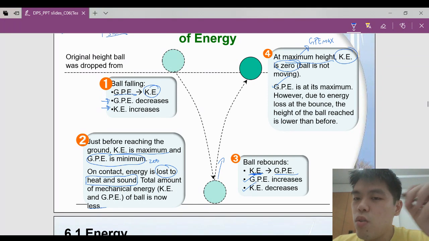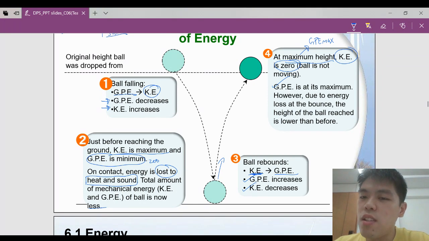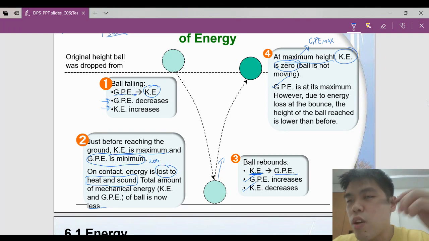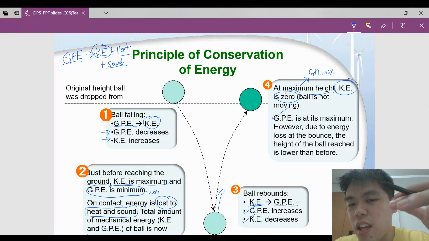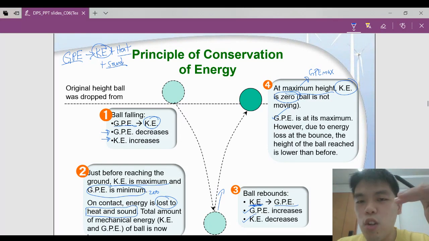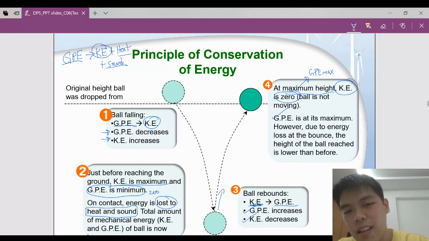Okay. So at its maximum, due to the energy loss at the bounce, the height the ball reaches is lower than before. It's trying to say that previously there was energy being lost due to heat and sound when it hit the ground, so the system lost energy. When it lost energy, it can only go back to a height that is slightly lower as compared to previously.